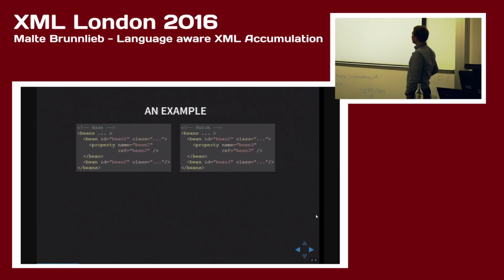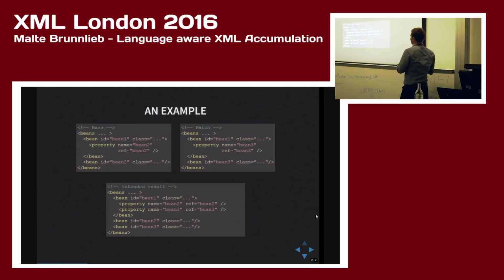Integrating this, we want to adapt the bean1 declaration by adding the new dependency bean3, and put the bean3 declaration beyond this. So there's some aggregation going on, some accumulation. However, this is a kind of easy example because we do have some notion of equality here with the ID attribute, which is already provided by the XML meta language.